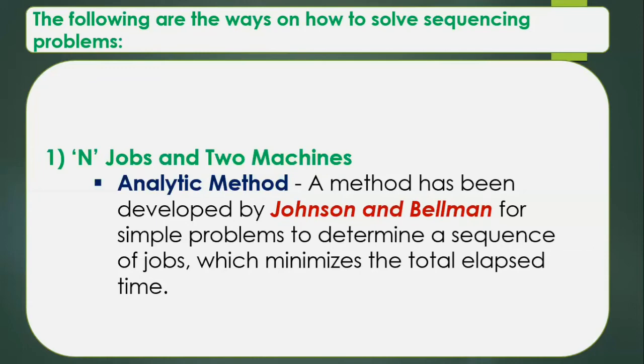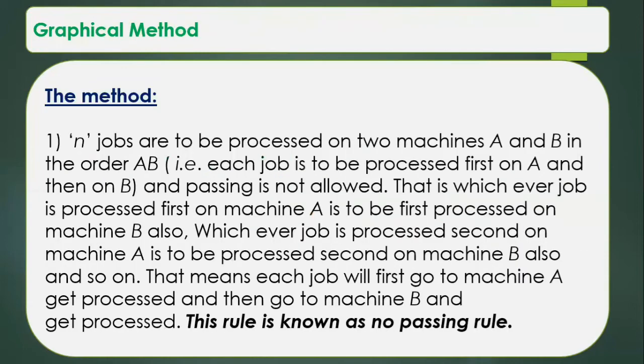The jobs are to be processed on two machines A and B in the order AB. Each job is to be processed first on A and then on B, and passing is not allowed.